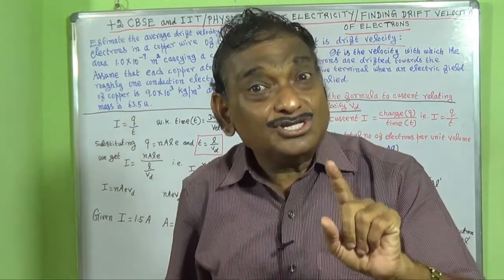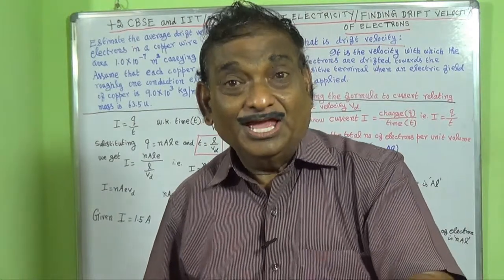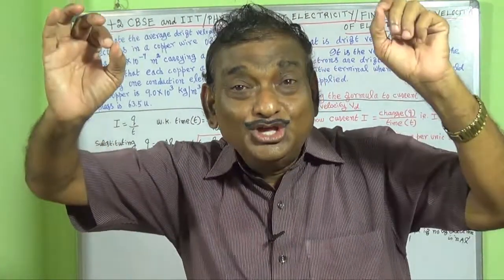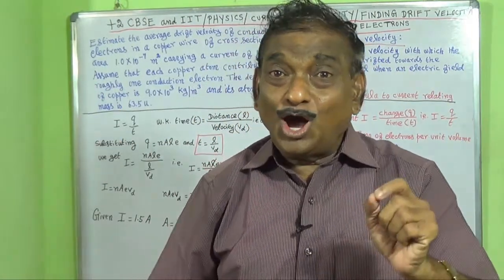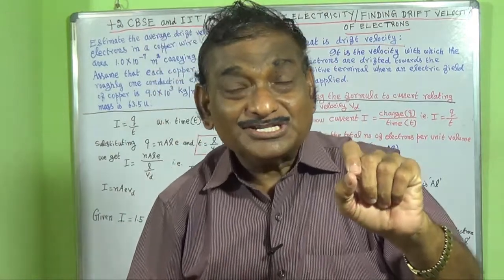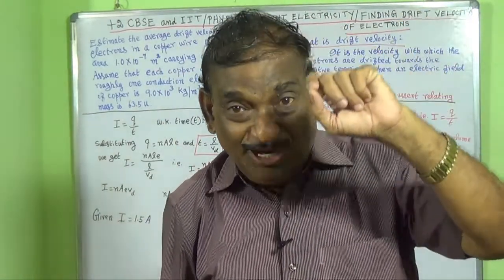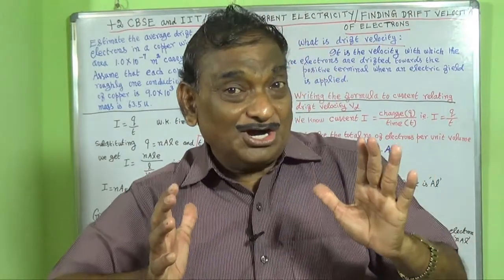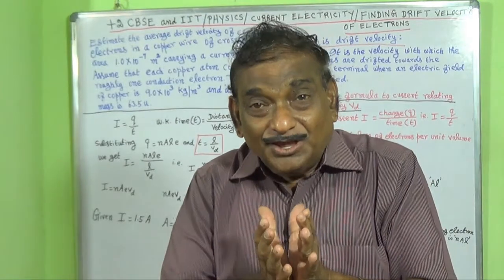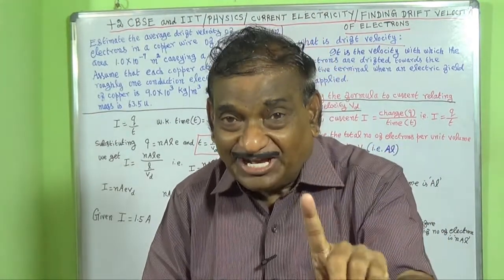Since the electrons are flowing in random directions, the average velocity of the electrons is 0. So how can we get the average velocity of the electrons? When we apply the electric field, the electrons will be drifted. Now the electrons will move in a particular direction.